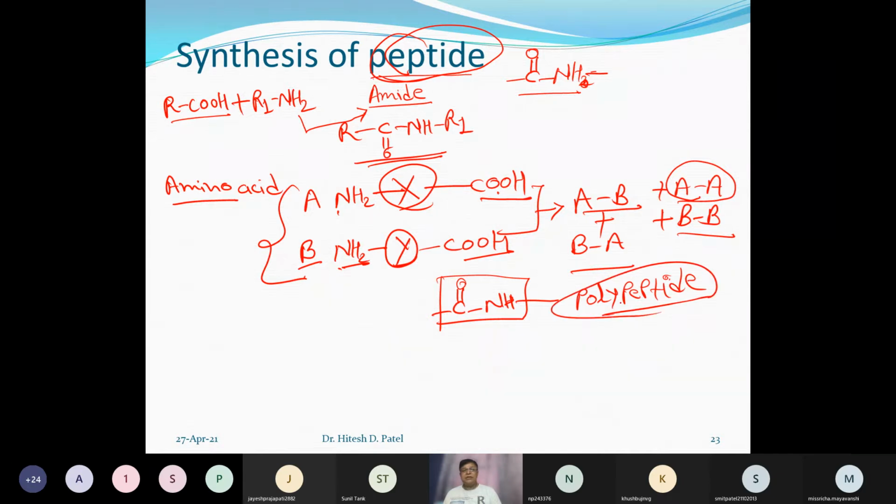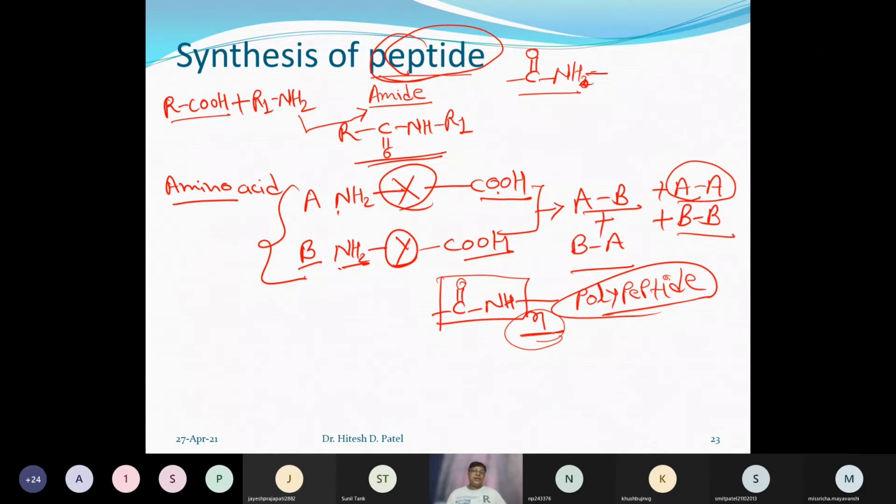Polypeptides we can generally find in proteins, in DNA, in RNA, and in some polymeric compounds too. So we can call them polypeptides. Instead of repeating the molecule, we generally write n, meaning n equal to some fixed number, but if we write n it means it is known as a polymeric compound.